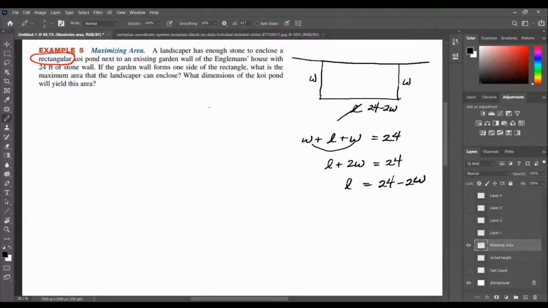The area of a rectangle, we already said, is length times width. So that equals 24 minus 2W times the width, which is W. So distribute this W through, and I get 24W minus 2W squared.